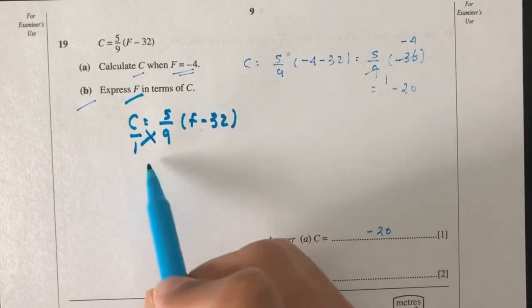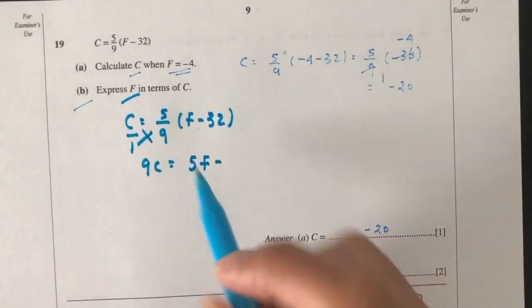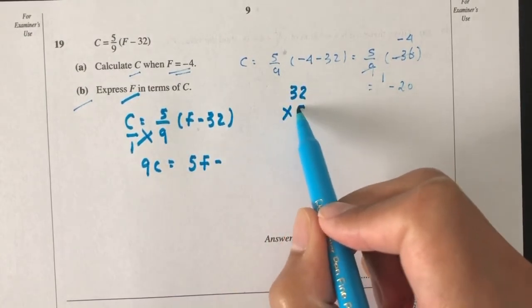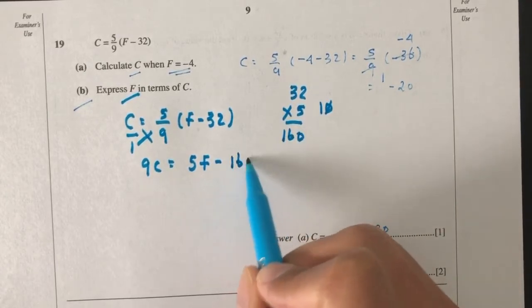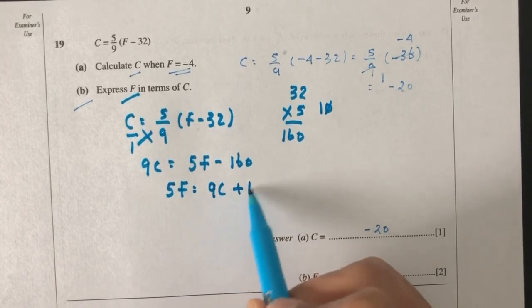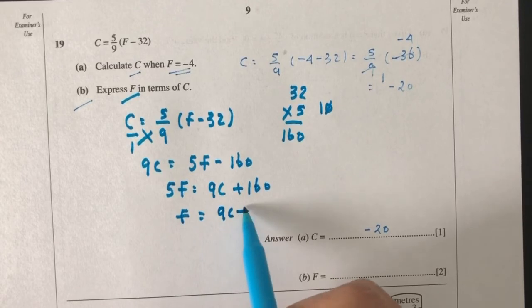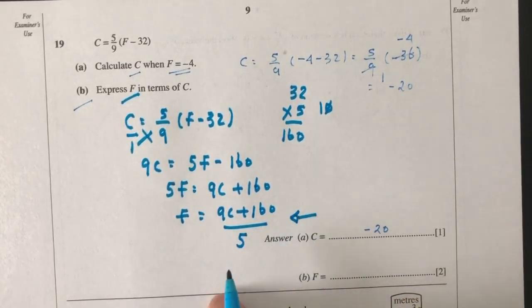Cross multiply, it becomes 9c equal to 5f minus 5 times 32. 32 times 5 is 160. So 5f becomes 9c plus 160. So f becomes 9c plus 160 divided by 5. So this is your answer for part B.